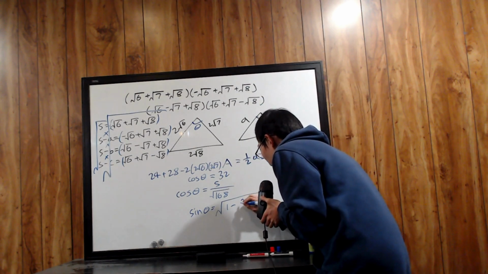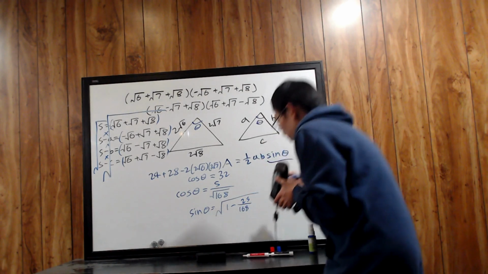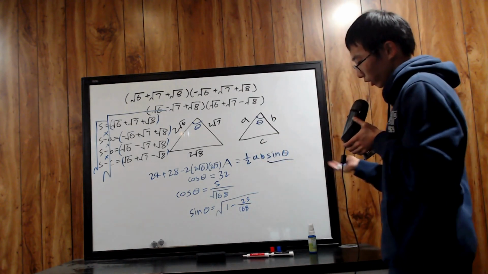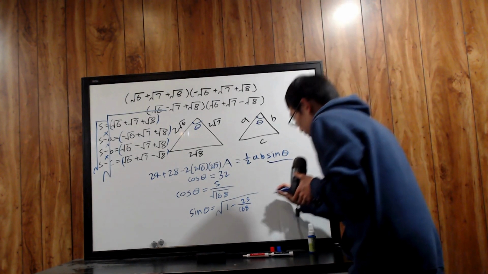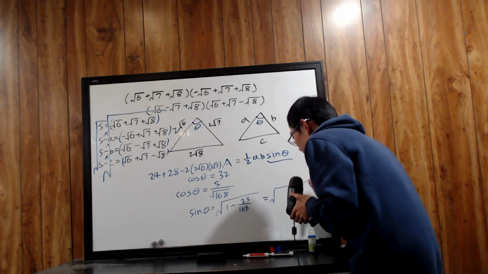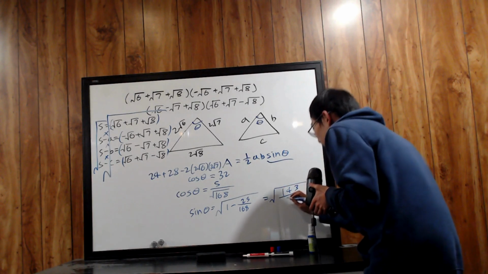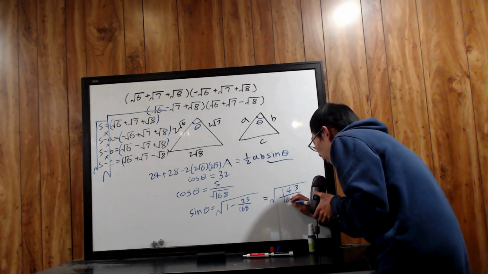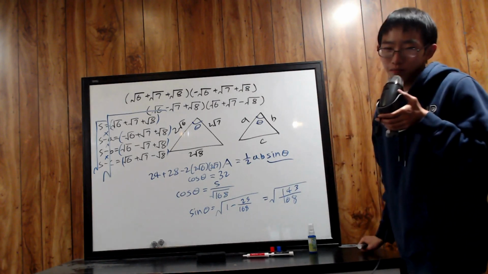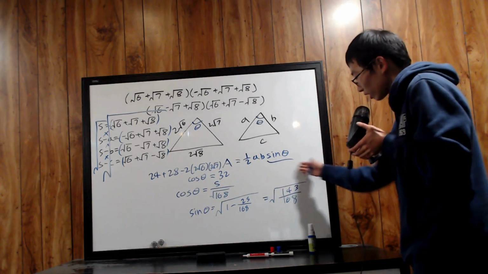So that's 25 over 168. If we do the subtraction, we get sine of theta equal to square root of 143 over 168. This is sine of theta.